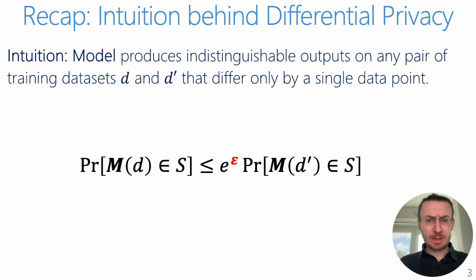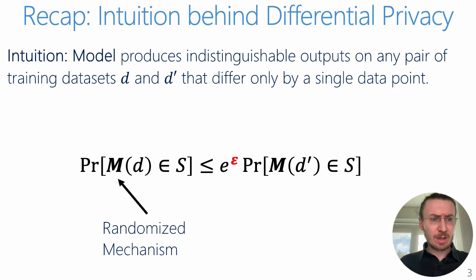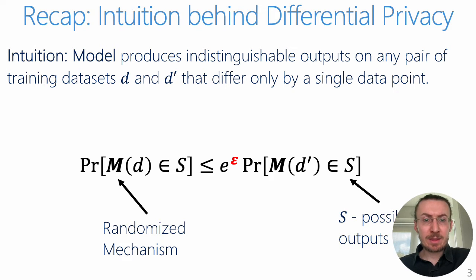Here the main inequality first has this element upper M, standing for an algorithm or a mechanism. It represents a randomized mechanism or algorithm in the context of privacy for machine learning models. M denotes the training mechanism. S is the set of possible outputs, in this case the model weights or outputs from the model.